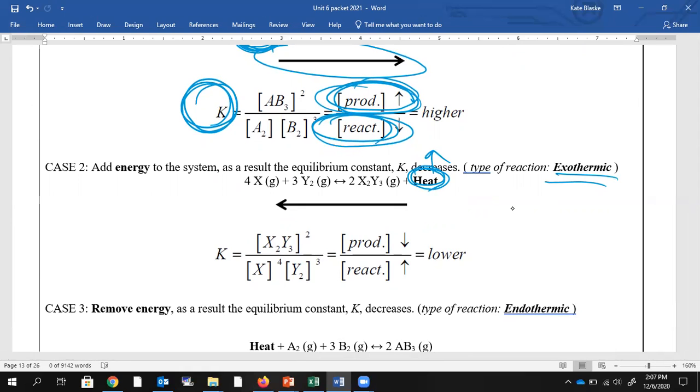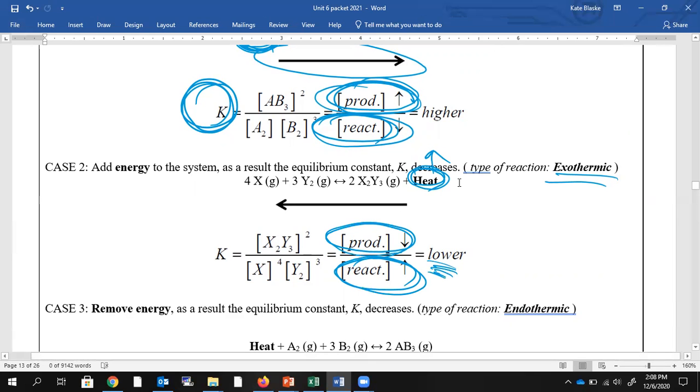So I'm going to shift away from my products towards my reactants, making more reactants, leaving behind less products. So that is going to cause my K value to actually decrease. This is a lot of motion of different variables all changing at the same time, but it still all follows our same basic principle: reactions are going to shift away from additions and towards removals.